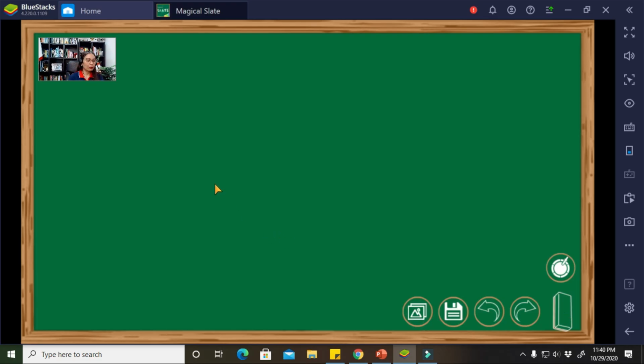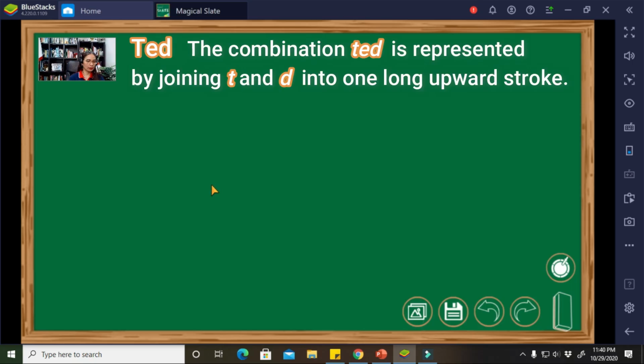Next, principle. We do have the TED. The TED, meaning the combination of T and D, is represented by joining T and D in one long upward stroke.